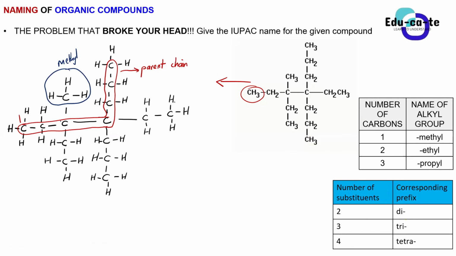This one is our substituent. What is the name of this substituent? So which one? The one that I just highlighted now. This one. Ethyl. It's ethyl, right? So we can say that we've got our ethyl group again.